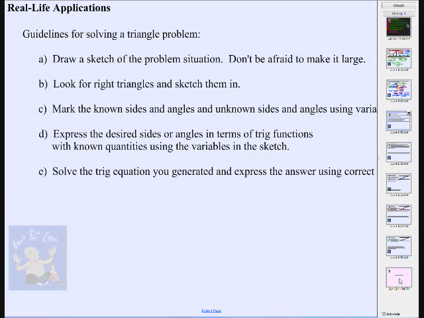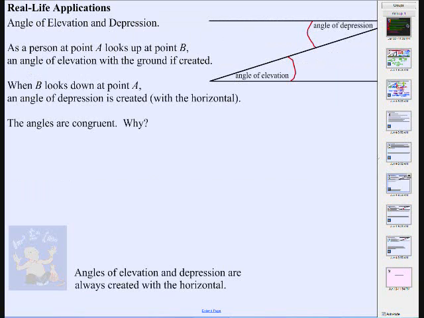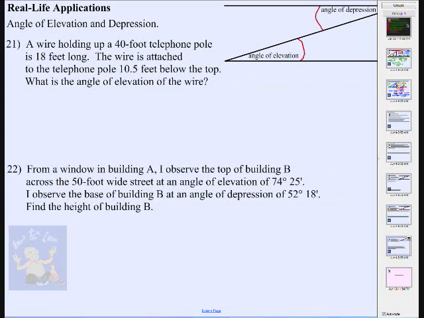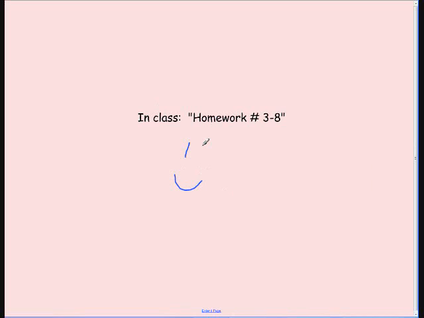So we've got some problems for you to do either at home or back in class. It's fine with me if you wait and do them in class. 17, 18 in your notebook. Angles of elevation and depression, 19 and 20, 21 and 22, and then we've got lots more. So you're going to have quite a bit of work to do here. But we love it, don't we?